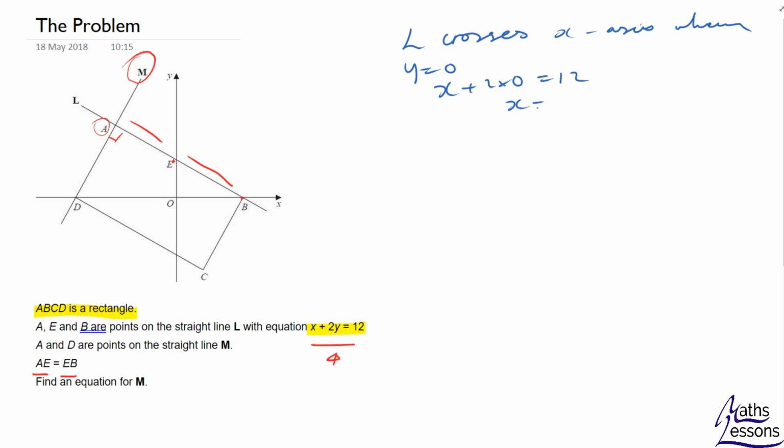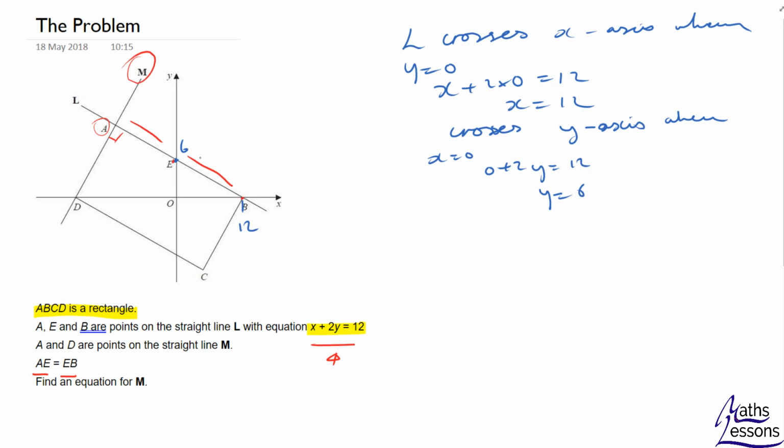So x equals 12. So we now know this point is 12. And it crosses the y-axis when x equals 0. So we've got 0 plus 2y equals 12. So y equals 6. So we now know this is 6.